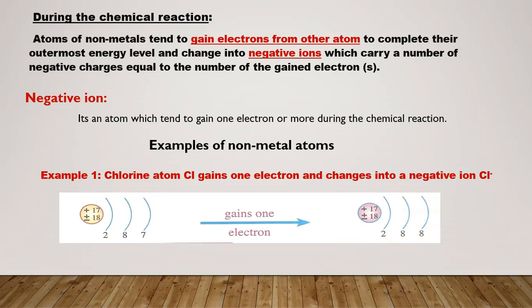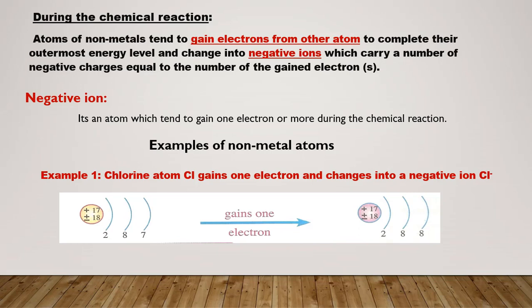So the atoms of nonmetals tend to gain electrons from other atoms to complete their outermost energy level and change into negative ions, which carry a number of negative charges equal to the number of the gained electrons. So what is the meaning of negative ion? It's an atom which tends to gain one electron or more during the chemical reaction.